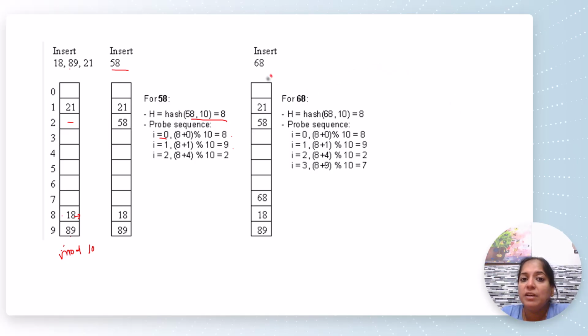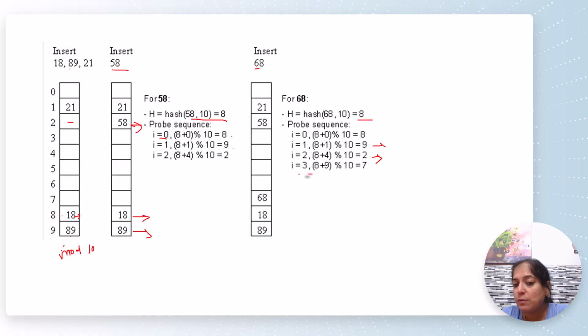Now let's say we need to insert one more value, 68. 68 mod 10 gives us the index 8, which is already occupied. So again we use the probe function. For i equals 1 it gives 9, already occupied. i equals 2 gives us index 2, which is already occupied.